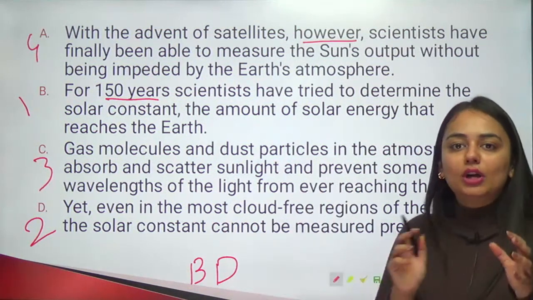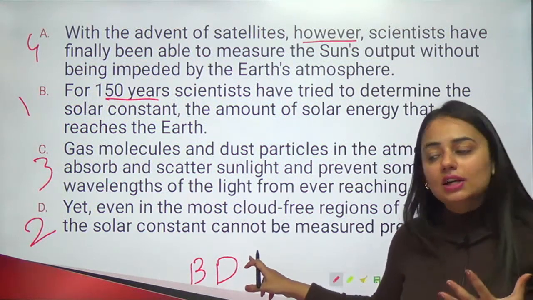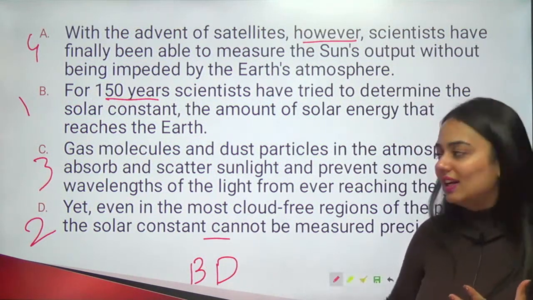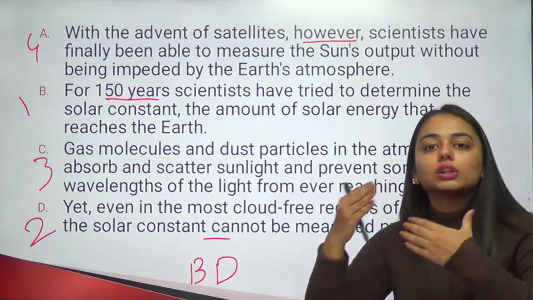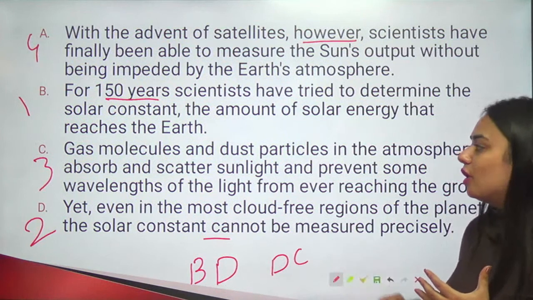Now, this particular point C is further explaining us that why haven't we been successful at calculating the solar constant? This is explaining it. So, it's further extension of D. So, you can say D and C are also forming a pair.